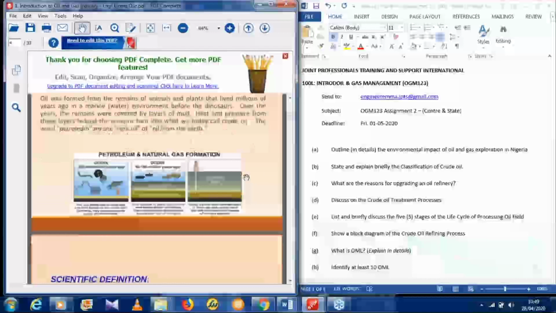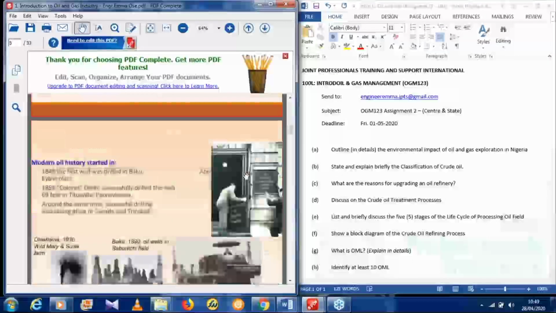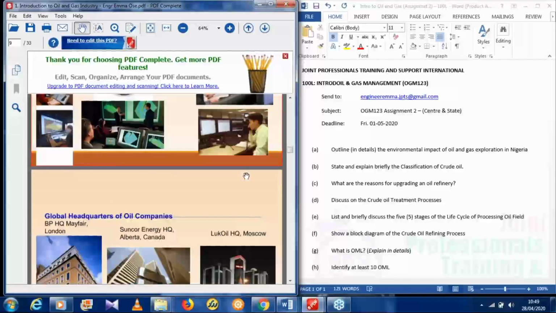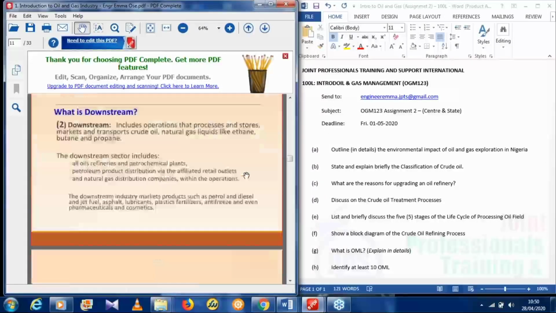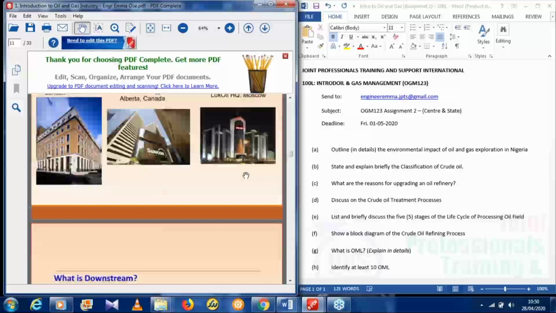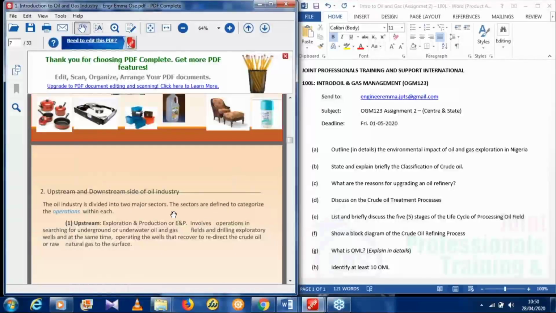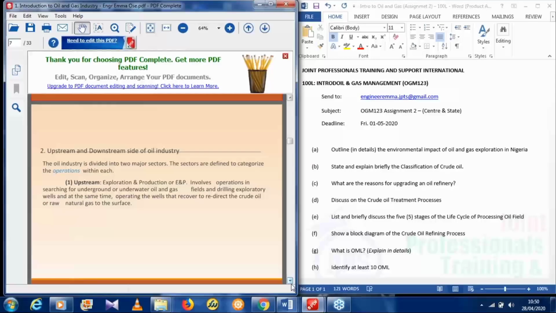Quickly, I also want to mention some of these aspects. There are two streams in the oil and gas industry, which I talked about briefly in the last class. We have the upstream and the downstream.